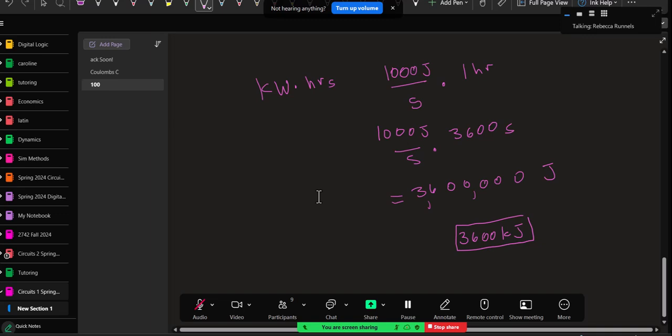So a kilowatt hour is actually a unit of energy.